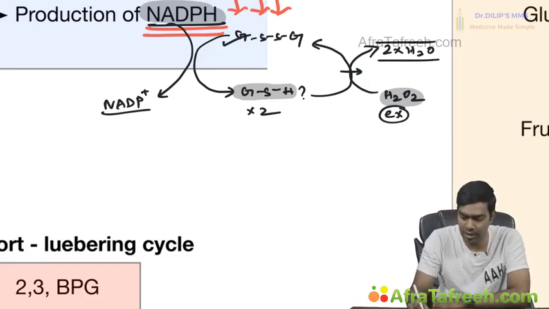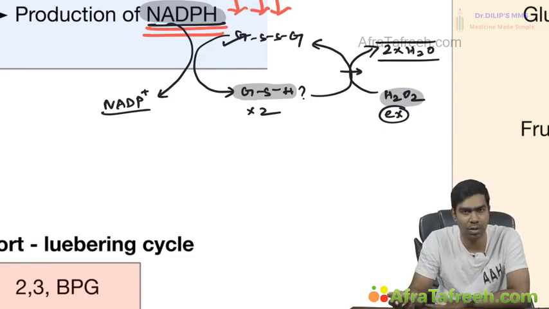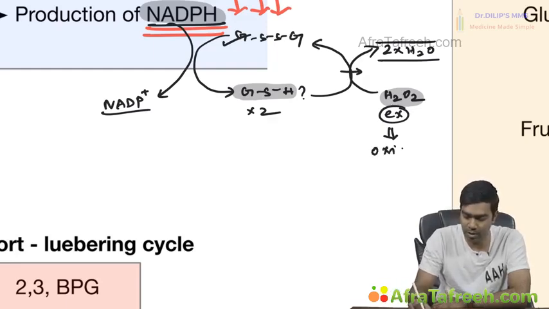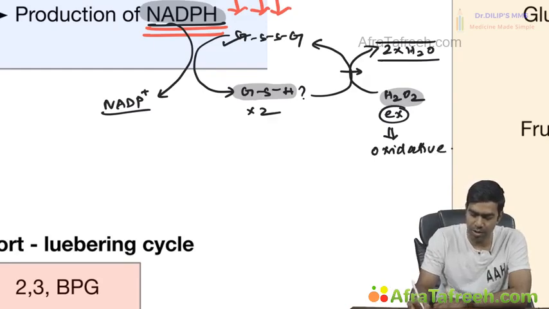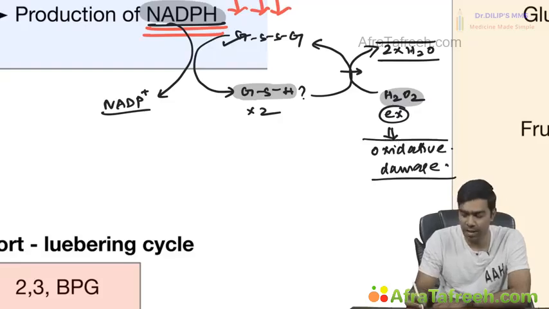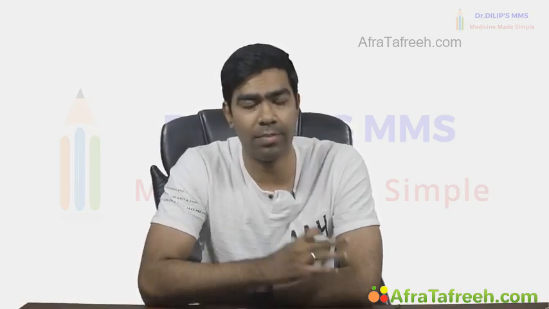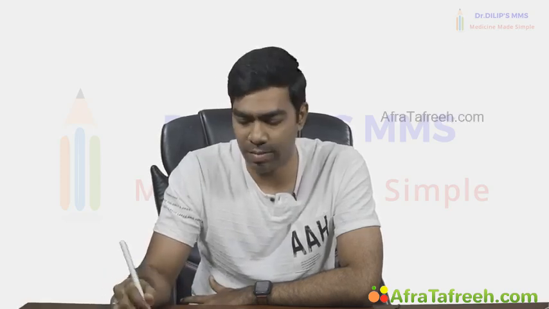If hydrogen peroxide and other oxidant molecules are not reduced to a neutral substance like water, this is going to create oxidative damage to the cells. Typically, they are going to produce superoxide radical and hydroxyl radical. So many problems are there with hydrogen peroxide and other similar oxidant molecules. That is the reason why it is really important to understand the importance of NADPH.